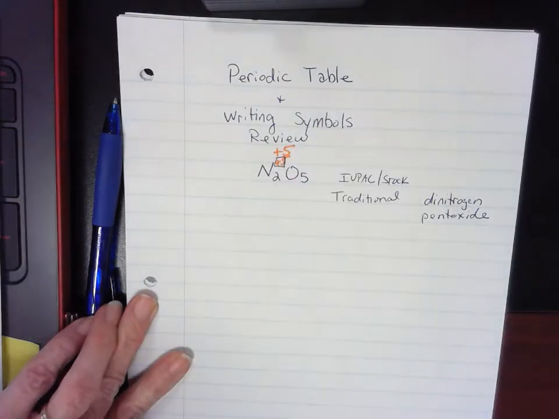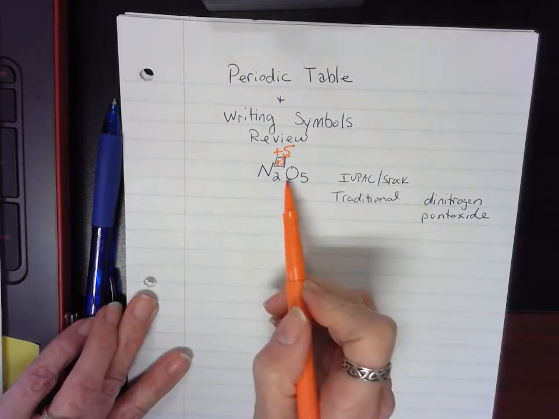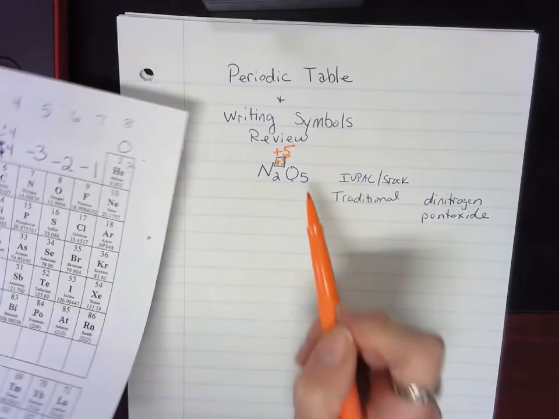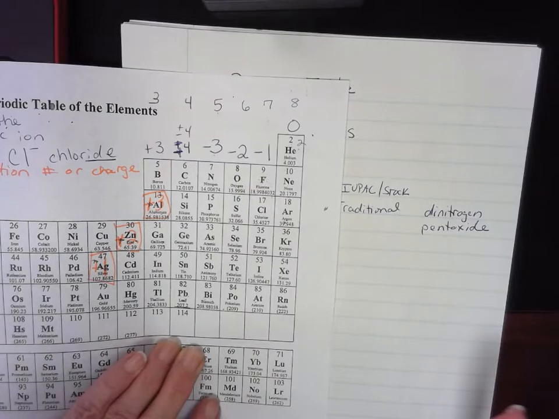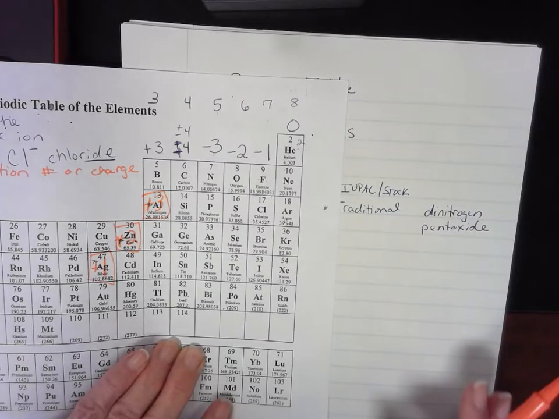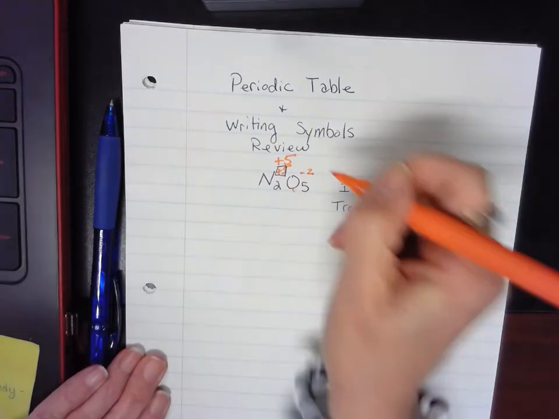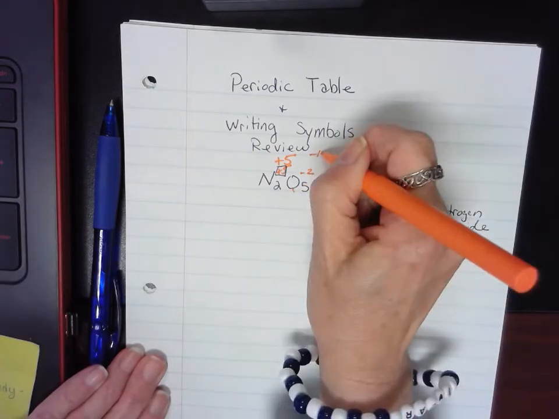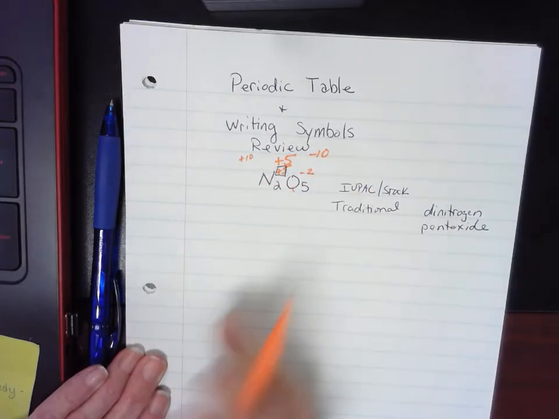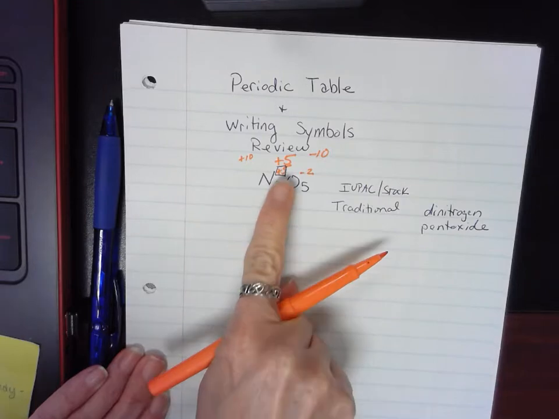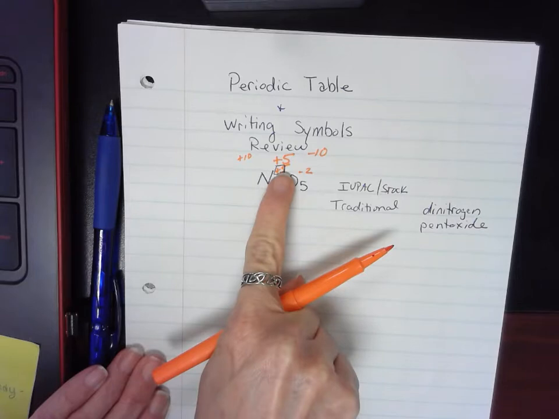So in case you don't remember how to do that, oxygen is the anion, and oxide always has that -2 charge. Okay, so -2. So 5 times -2 gives you a -10 overall. So your overall positive charge has to be a +10. So you have to say 2 times what gives you a +10? +5. 2 times +5 gives you a +10.